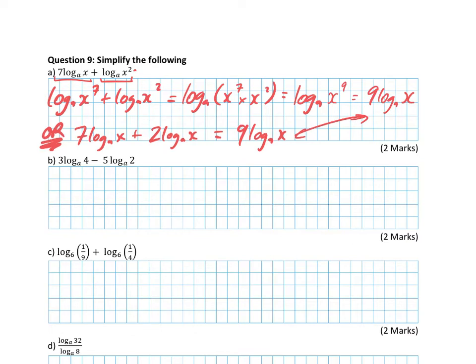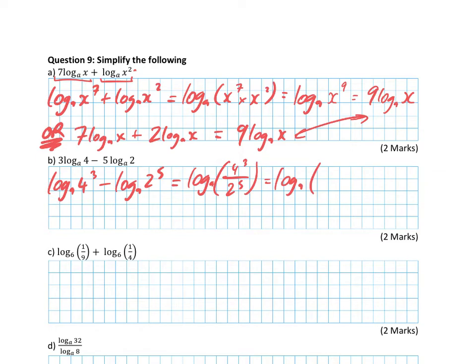Okay, we've got this one, so that's going to be log a 4 to the power of 3, take log a 2 to the power of 5. It's a subtraction, so it's dividing. So it's going to be log a 4 to the 3 on 2 to the 5, equals log a.